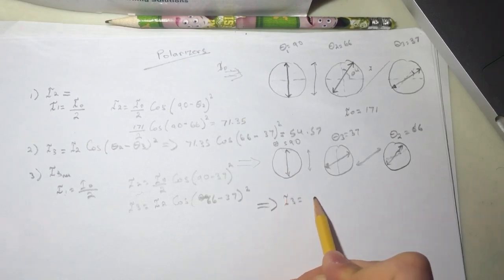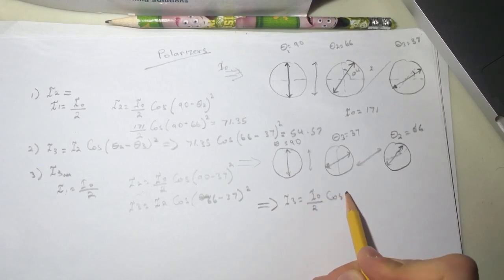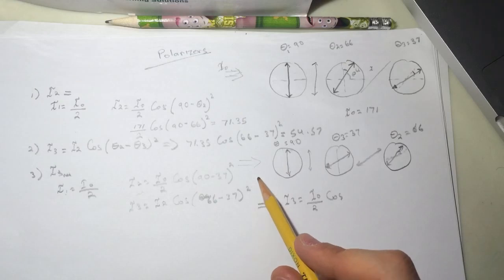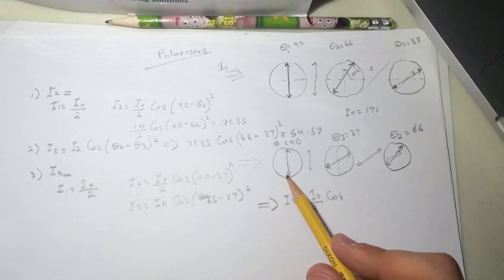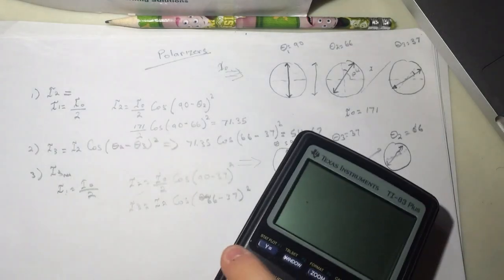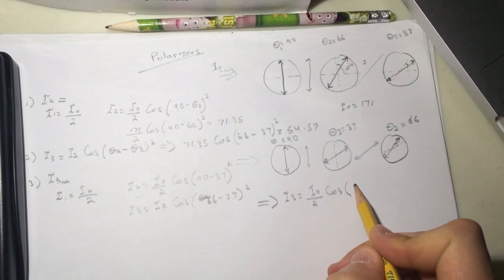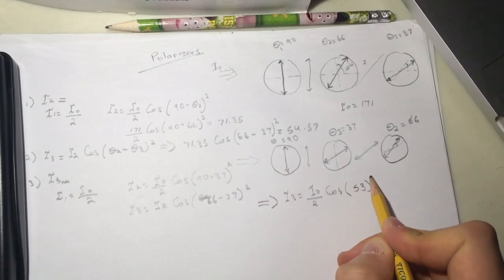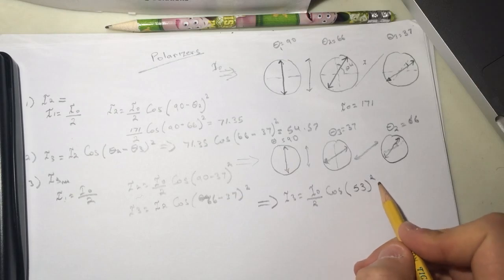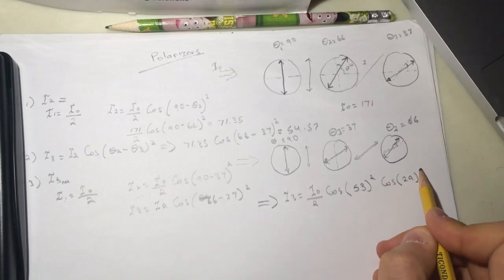So I3 will be equal to I initial over 2 times cosine of 90 minus 37. Let me put it in my calculator; 90 minus 37 is 53. So it's cosine 53 squared, and then cosine of this angle, 29, squared.